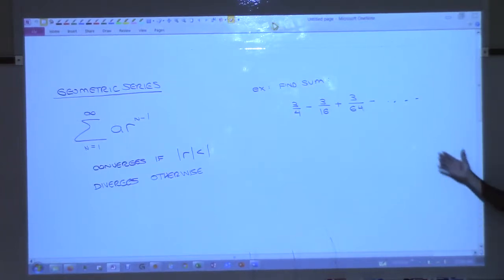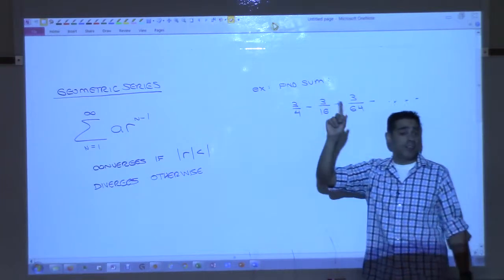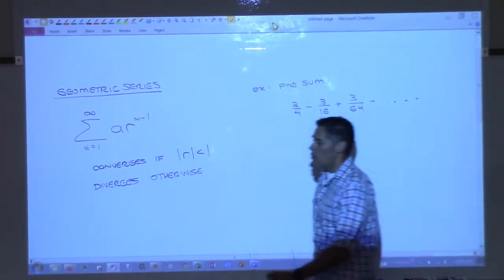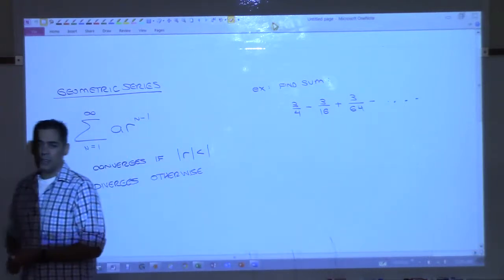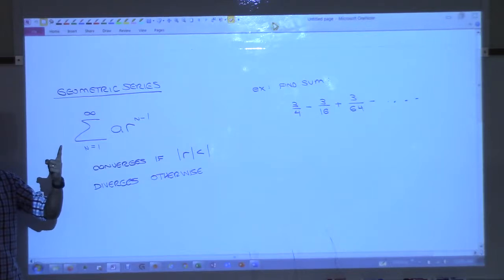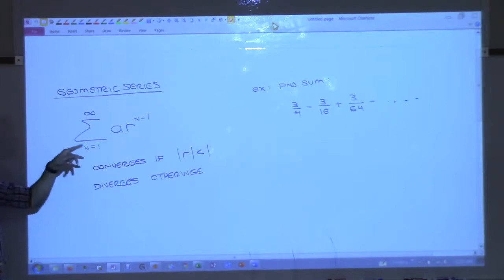So the whole goal, if I say find the sum, I told you this last class, if you see find the sum, what does that tell you right off the bat? It's either geometric or one of the ones we haven't talked about yet, collapsing, okay? That's how you'll know. So right now, if I say find this sum, it's geometric, or telescopic.